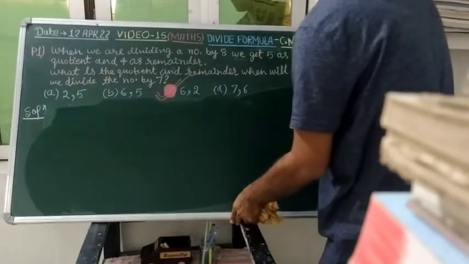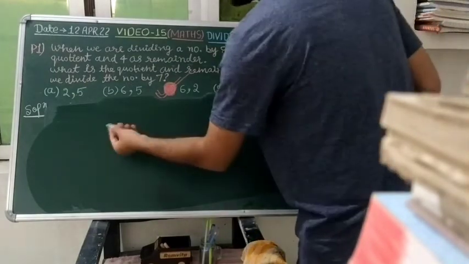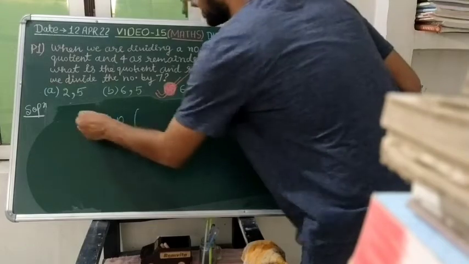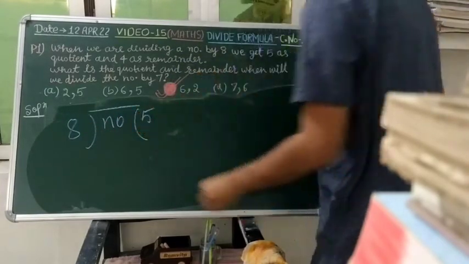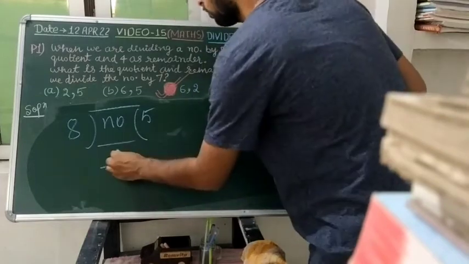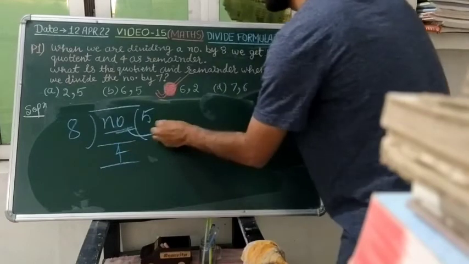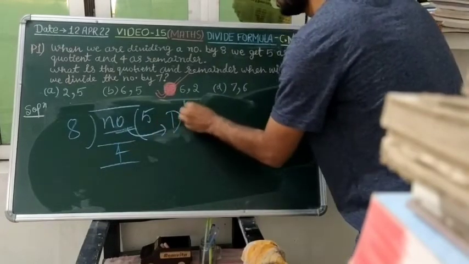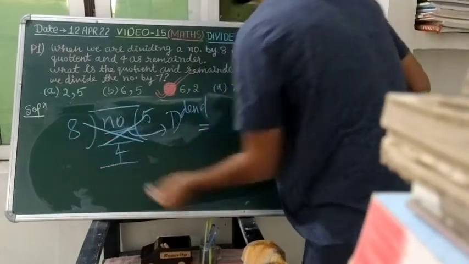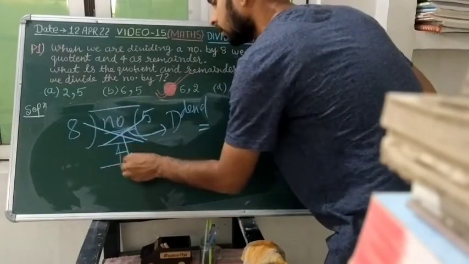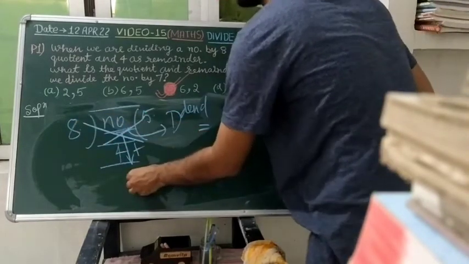The question is saying that a number is there, and you are dividing it by 8 and getting 5 as your quotient and 4 as your remainder. I have told you this number will be nothing but our dividend, and that dividend is the multiplication of divisor and quotient plus remainder.